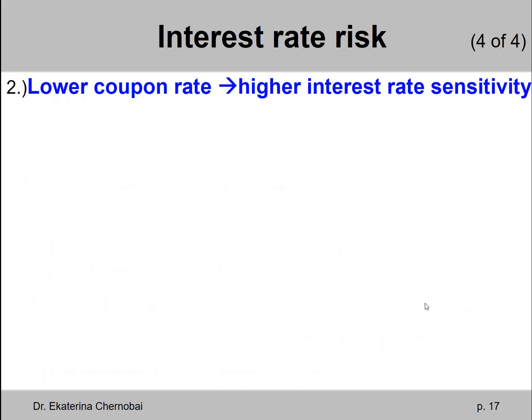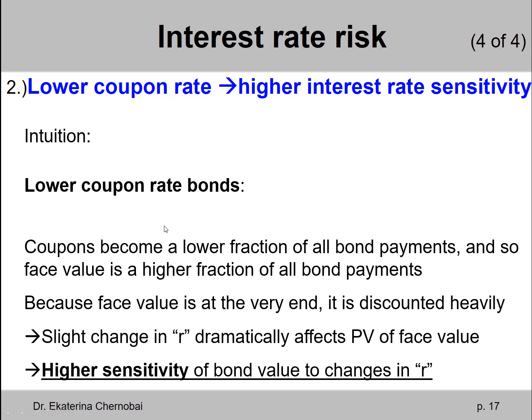Turns out there is another factor that plays a role. We get exactly the same higher sensitivity of bond value to interest rate changes if we have a bond with a lower coupon rate. And actually, the intuition is exactly the same as earlier with longer term bonds.